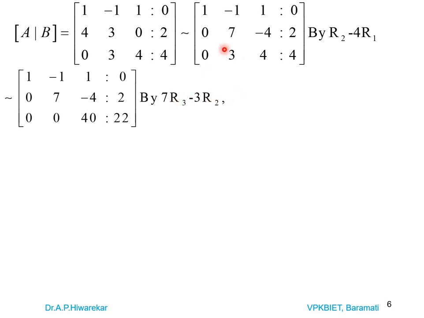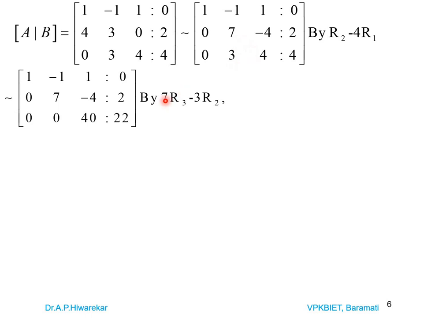So we perform the operation 7R3 minus 3R2. Row number 1 as it is: 1, minus 1, 1, 0. Row number 2 also as it is: 0, 7, minus 4, 2. Then the third row begins with 0, and the next entry is obviously 0.